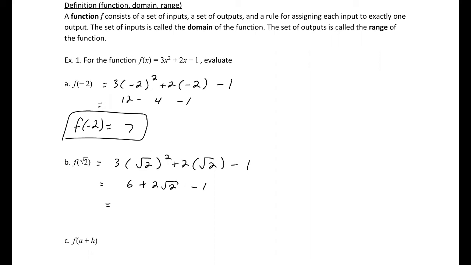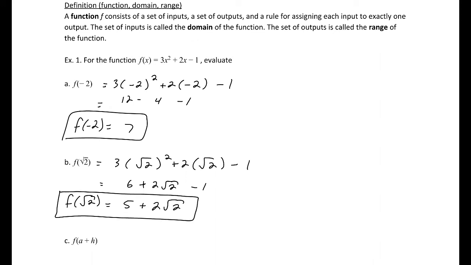Square root of 2 squared is 2, times 3, so 6. So this would be, if we combine terms here, 5 plus 2 roots of 2. And that would be f of square root of 2 equals 5 plus 2 root 2.